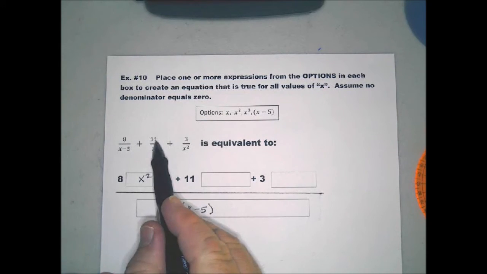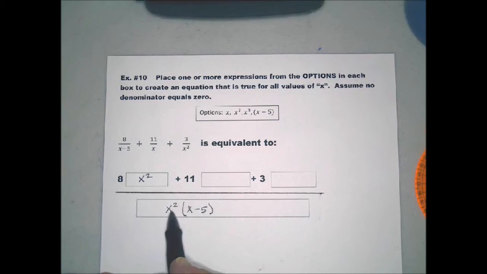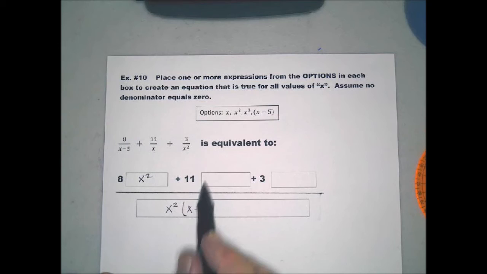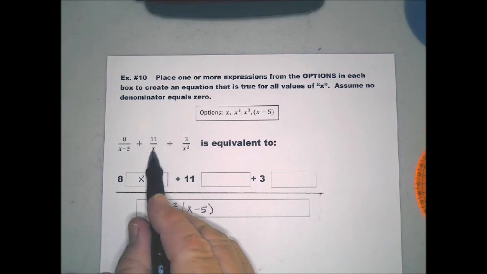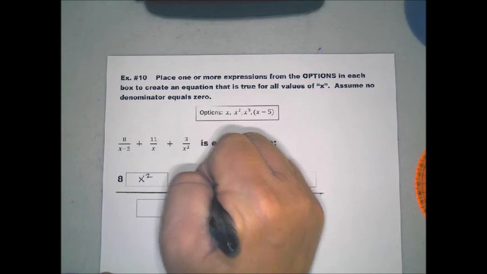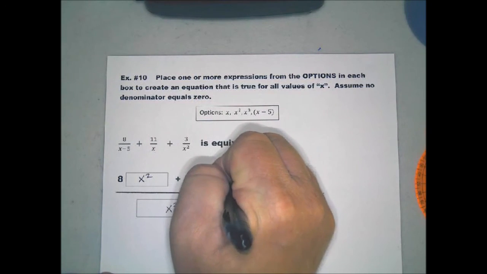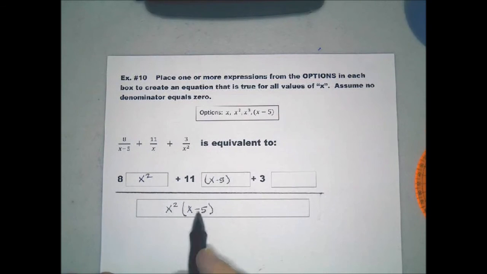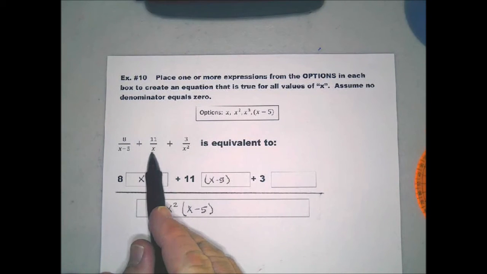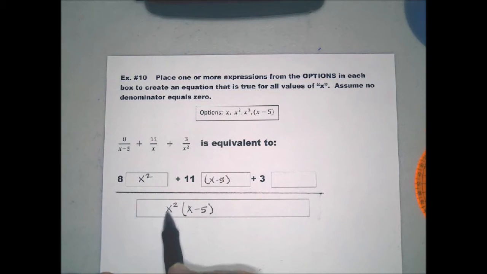The denominator of the 11 is an x. Well, if this is the common denominator, the 11 would have to be multiplied by an x minus 5, because the denominator does not have the x minus 5 in it. But it would also have to be multiplied by another x to bring this x up to the level of x squared.